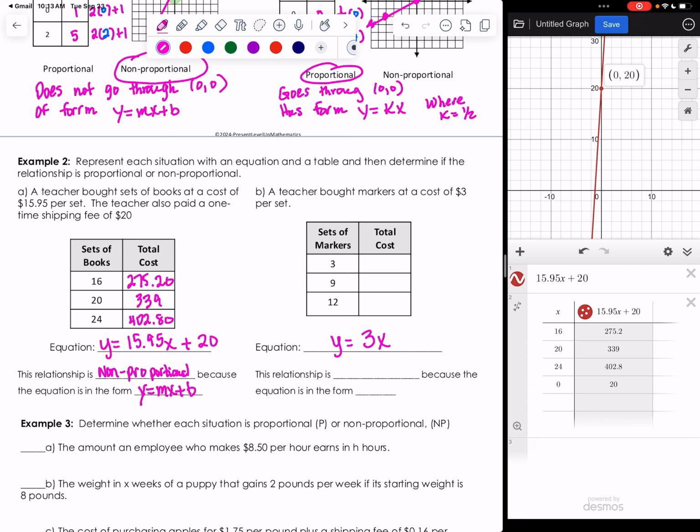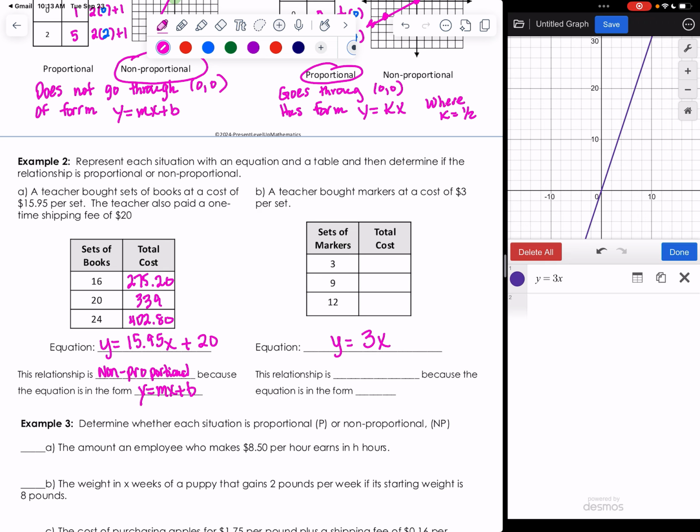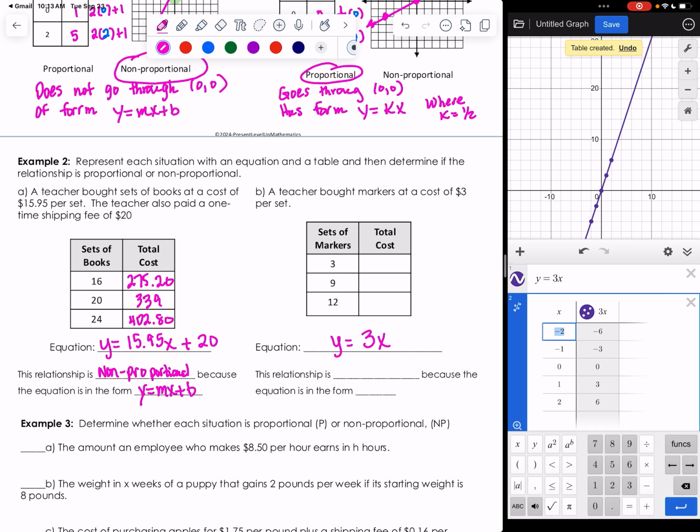Now we're going to create a table for this. So I'm going to put in my equation y equals 3x. Then I'm going to hit my gear, make a table, and I want to know 3, 9, and 12. I don't really care about any of those.